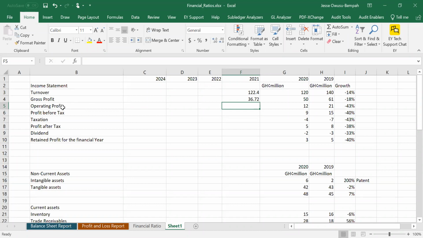So they can say operating expenses for 2021 is 20 million. If operating expenses for 2021 is 20 million and you have your gross profit as 36.72, how much will be operating profit? It will be 36.72 minus 20. I hope that makes sense.